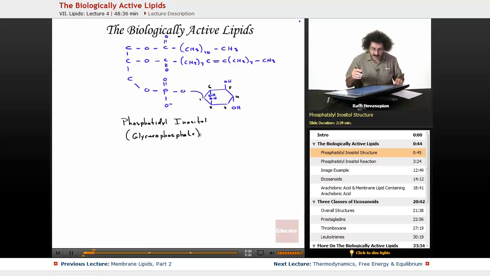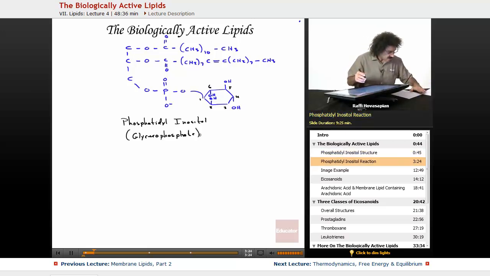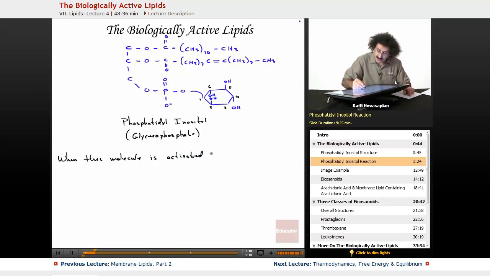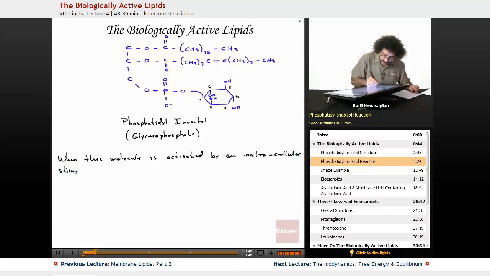Okay, so something really, really interesting happens here. Now, when this molecule is activated, so this is an example of its biological activity, is activated by an extracellular stimulus, so something outside the cell binds and activates it, gets this process going.